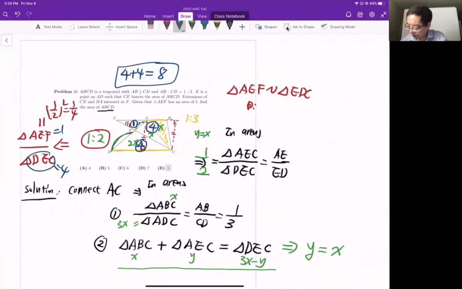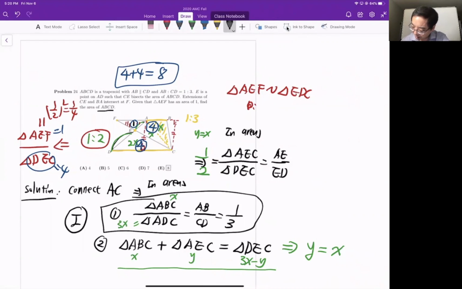If we quickly review the solution of this problem, there are 2 key points. Number 1, because triangles ABC and ADC have the same height, the ratio between the areas is just the ratio AB over CD.